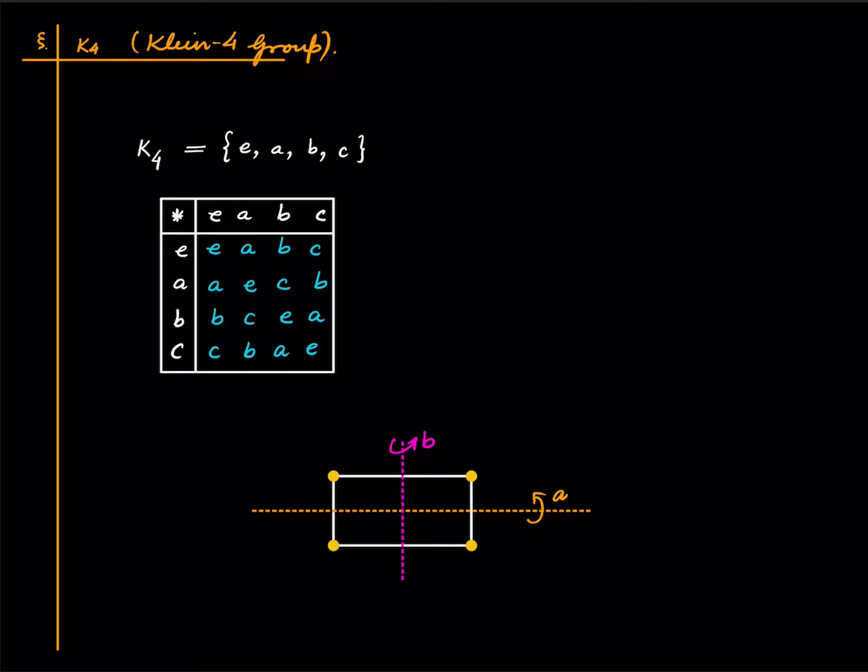So this operation, first you apply A, then you apply B, A times B, is the same as C, the operation C. So all of these operations match with the picture here, and the Klein-4 group is thus the group of symmetries of a rectangle in the plane.